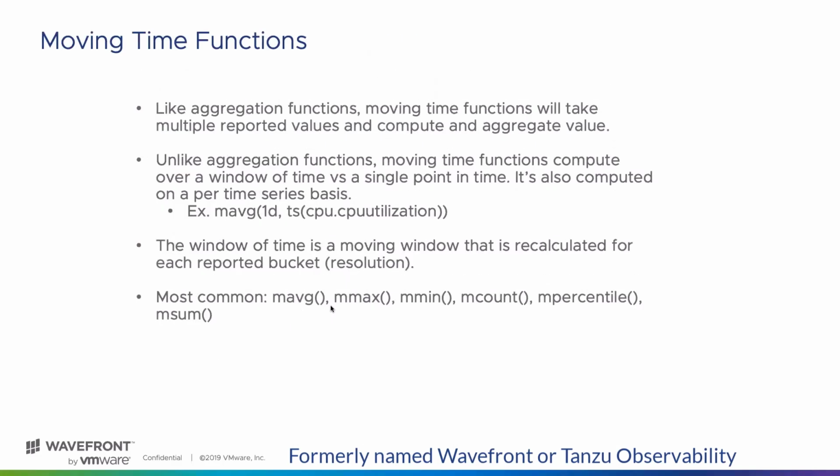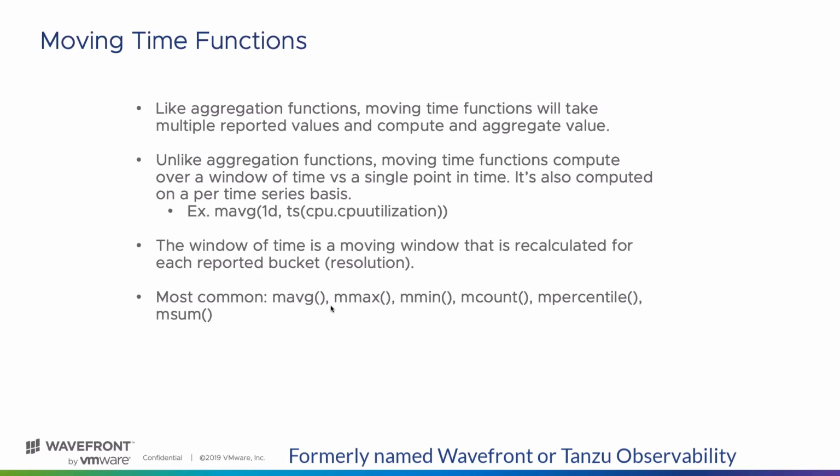They are, in my mind, very similar to moving time functions in that both aggregations and moving time functions are aggregations. The difference is that moving time functions are aggregating each individual line or each individual time series over time.